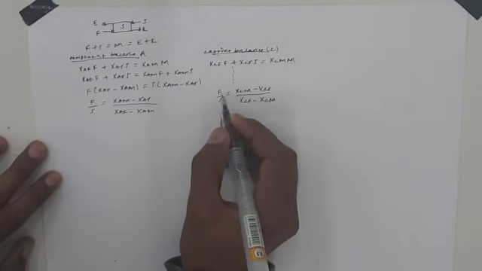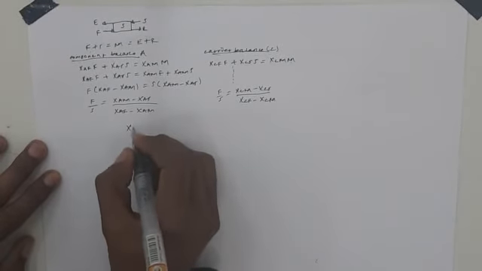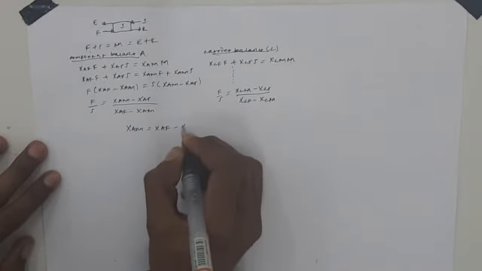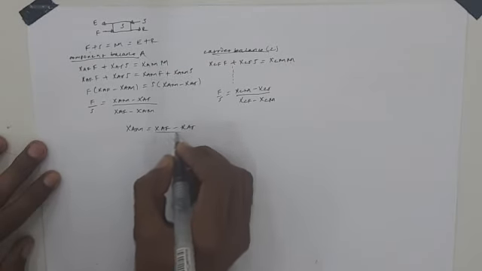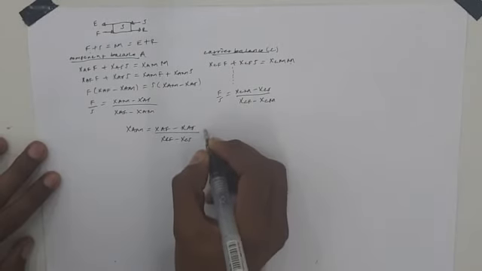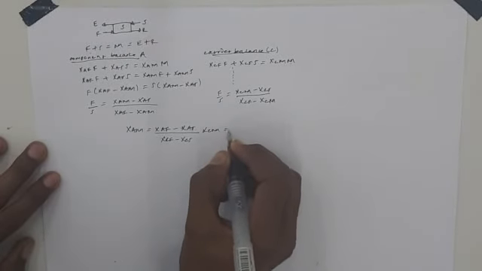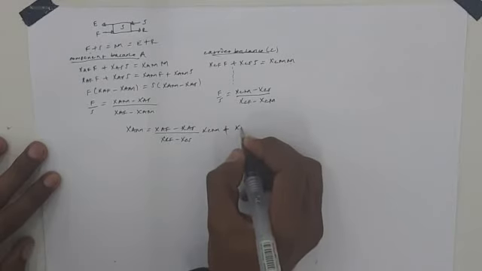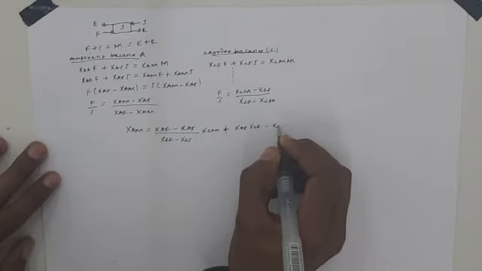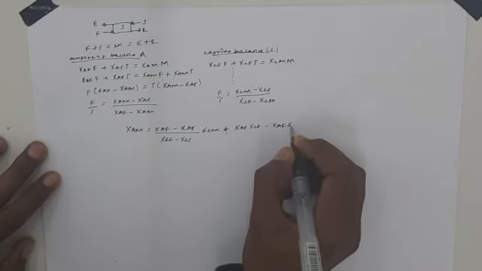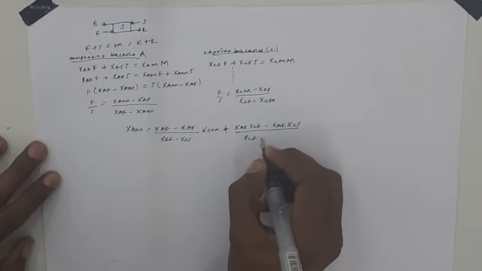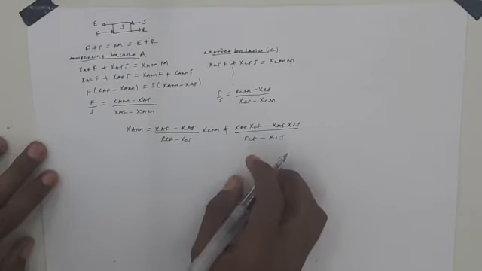equate these things and solve for XAM, XAM will be XAF minus XAS over XCF minus XCS times XCM, plus XAS times XCF minus XAF times XCS over XCF minus XCS.